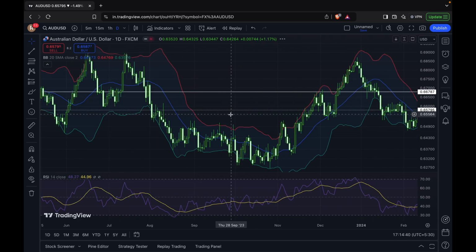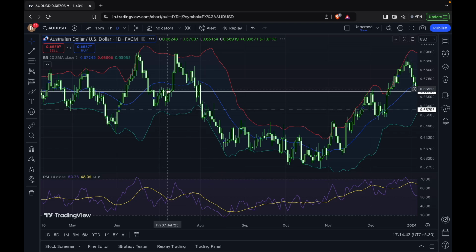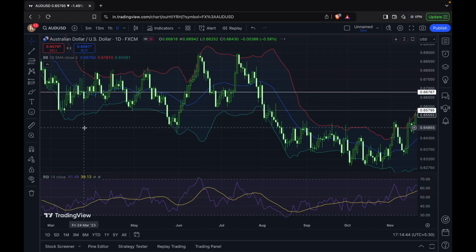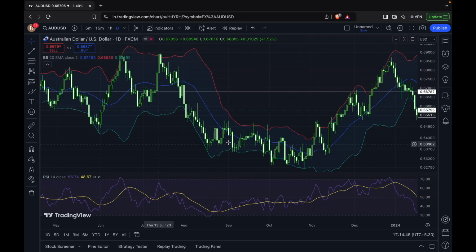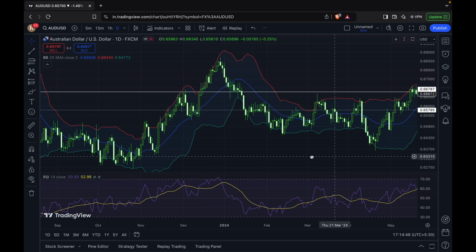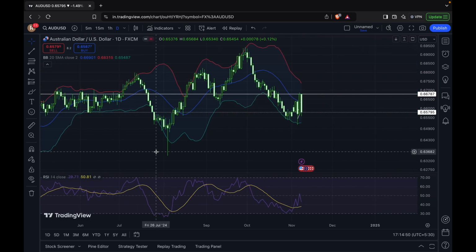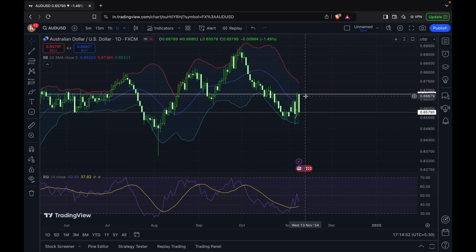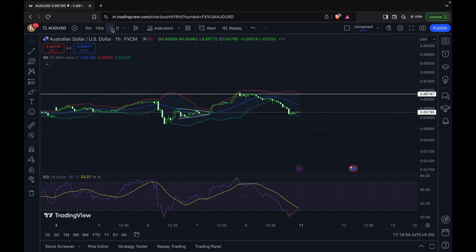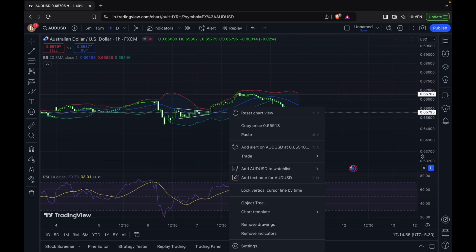So this is a key zone for us. I marked this zone and then I went into the hourly time frame.